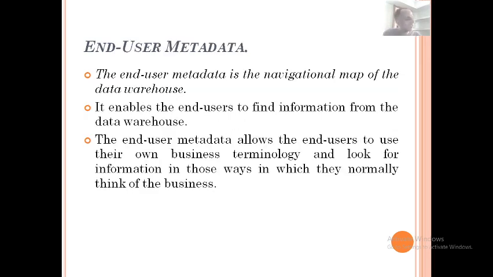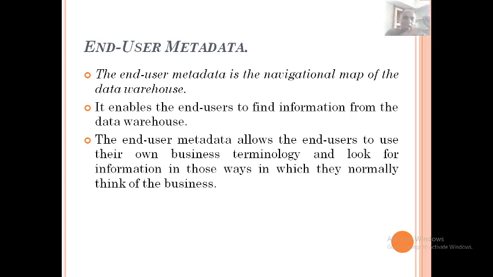Then the last type of metadata is end user metadata. This end user metadata is the navigation map of the data warehouse. Navigation map of the data warehouse means, if I am searching, first what I have searched, from there where I went, and from there where I need to go.